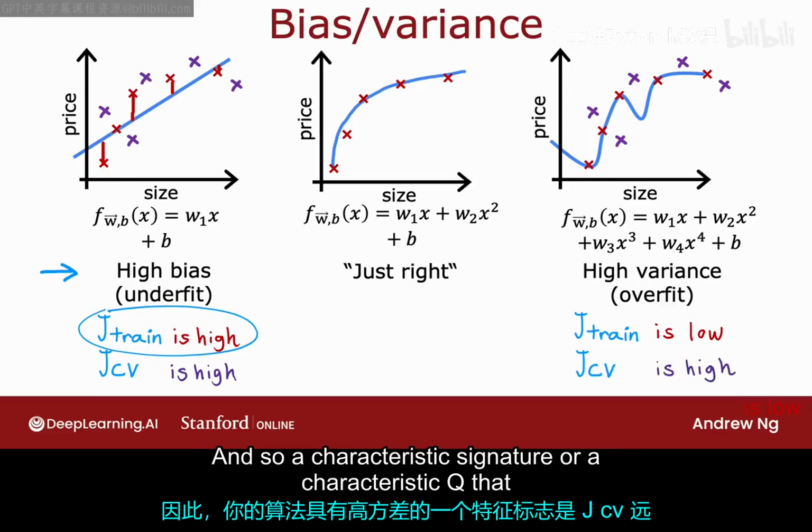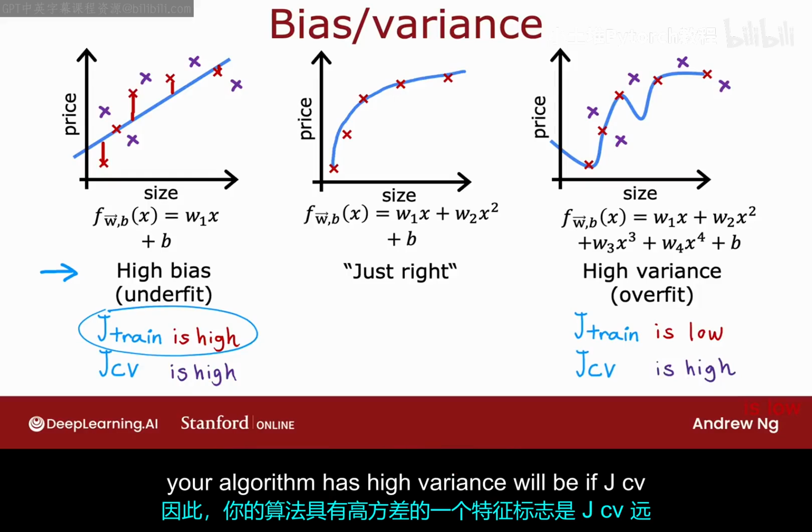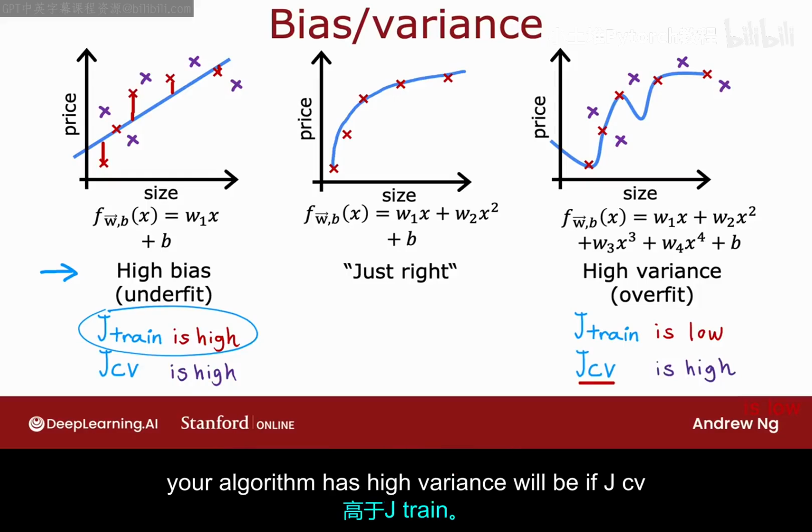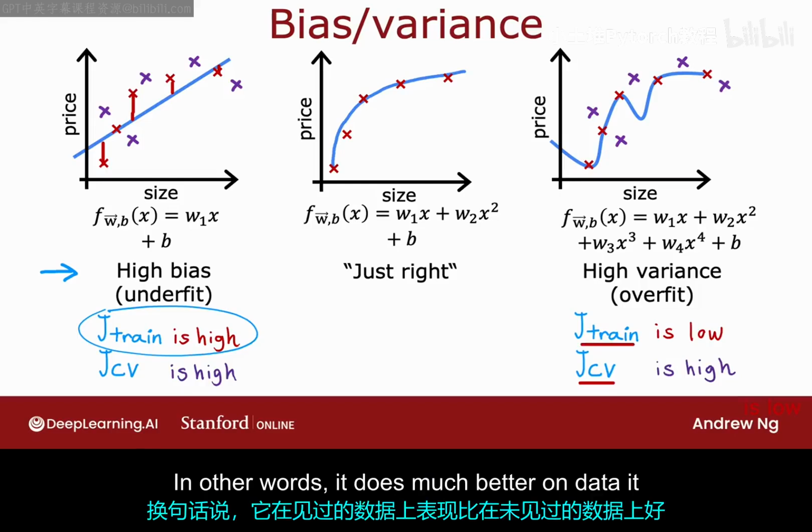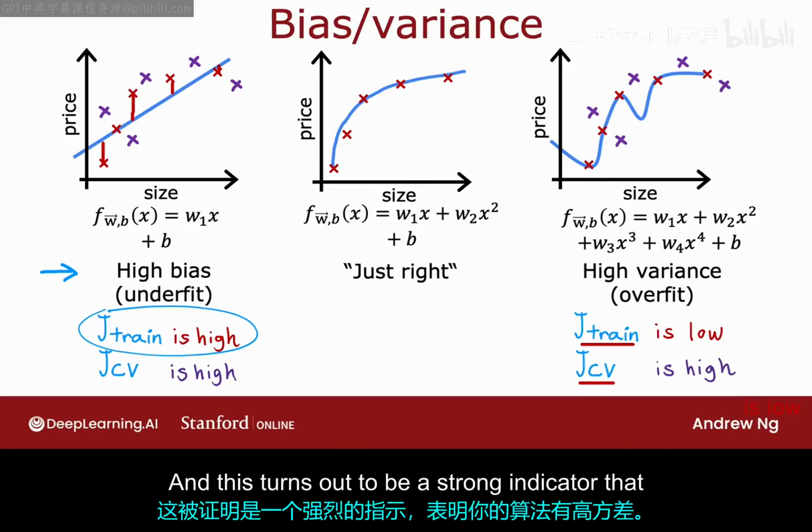And so a characteristic signature or a characteristic cue that your algorithm has high variance will be if JCV is much higher than JTrain. In other words, it does much better on data it has seen than on data it has not seen. And this turns out to be a strong indicator that your algorithm has high variance.